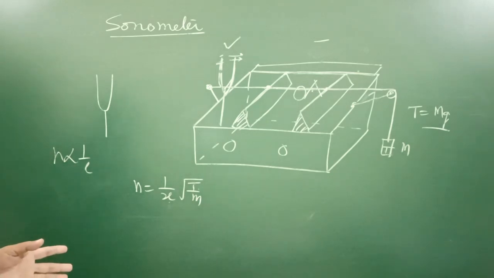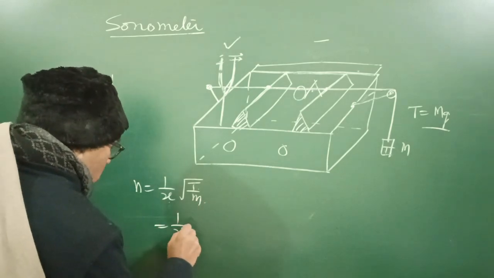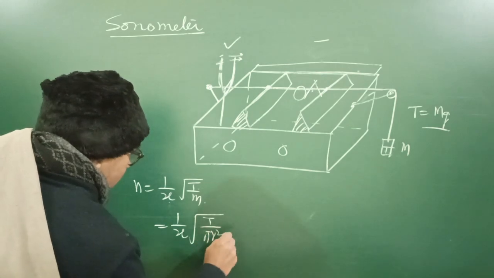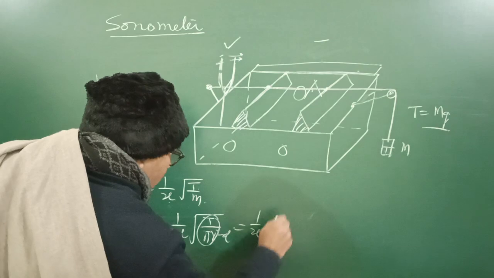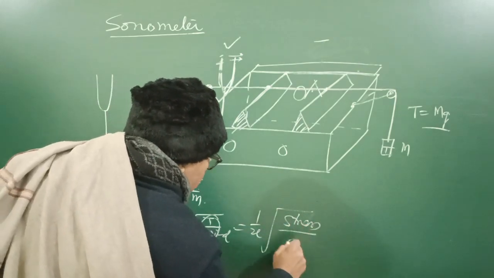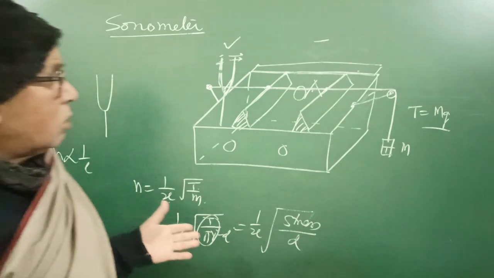So you can read the book, and here m, I told you, it is also n equals 1 upon 2L under root T upon pi r square d, we write, and we can also write 1 upon 2L under root stress upon density. So this is simply the vibration of a sonometer.